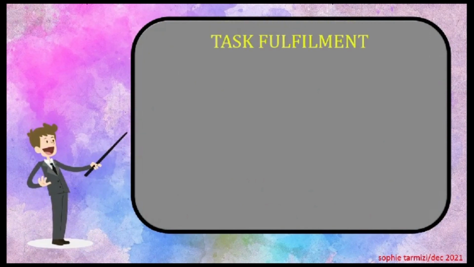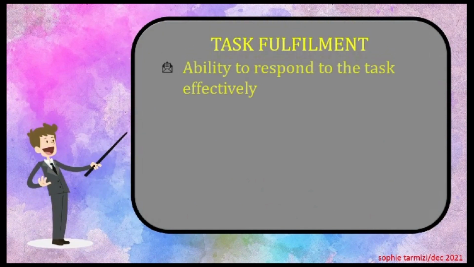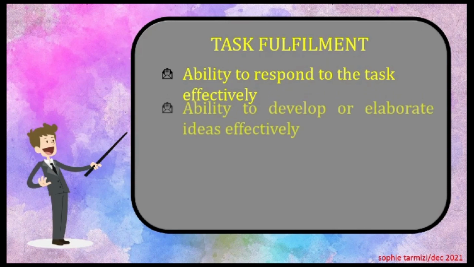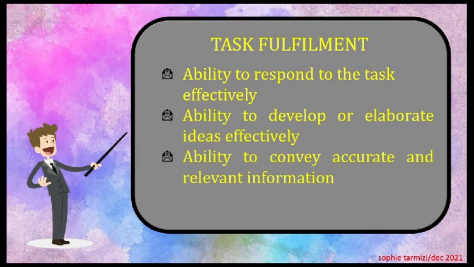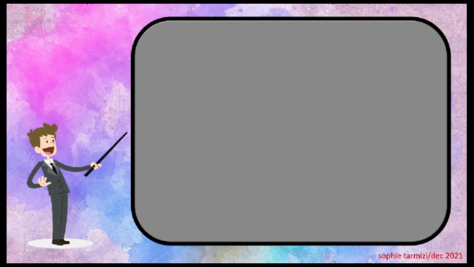For task fulfillment, the examiners are looking forward to see your ability to respond to the task effectively, the ability to develop or elaborate ideas effectively, or the ability to convey accurate and relevant information.